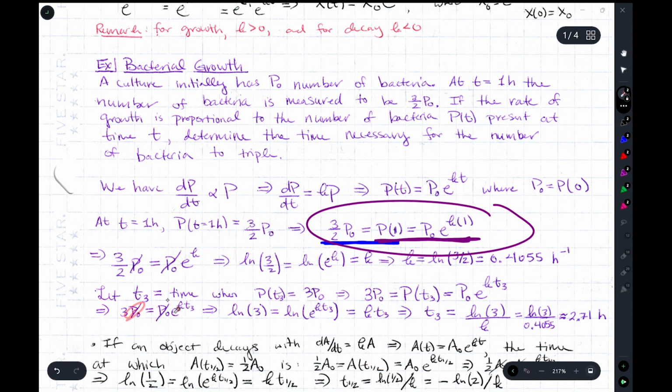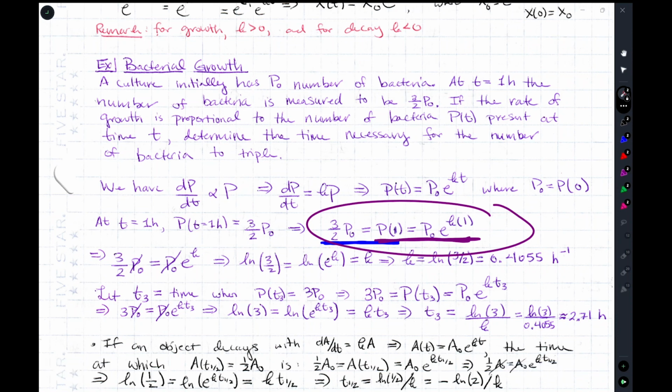And again, the P naughts cancel. We don't need to know them initially, which could confuse some people who try to just work with this without equating the two conditions and getting that cancellation. And notice then when we solve this, we have k now, we're solving for T3, we get this equation, and plugging in k that we found above, which is per hour, okay, then we get 2.71 hours.